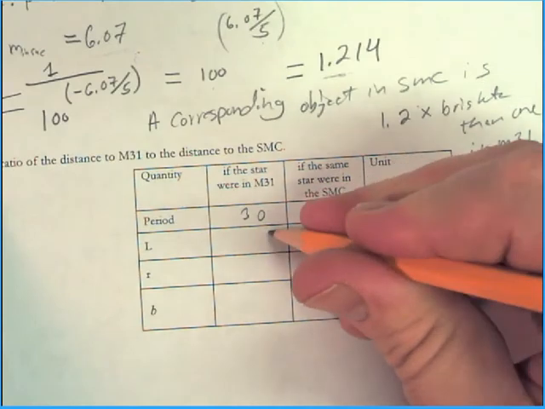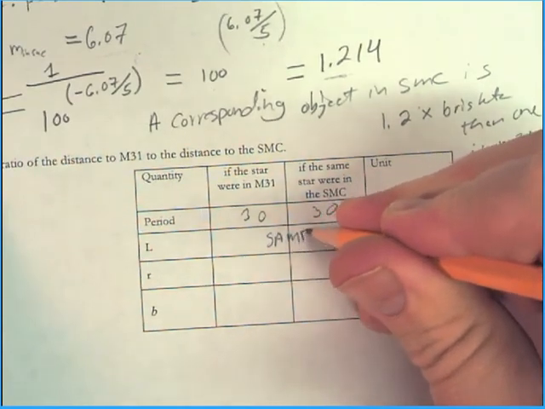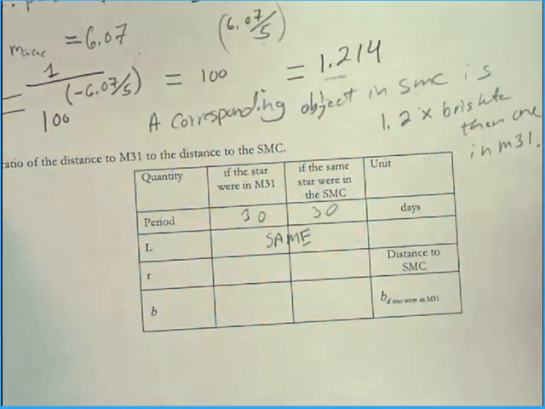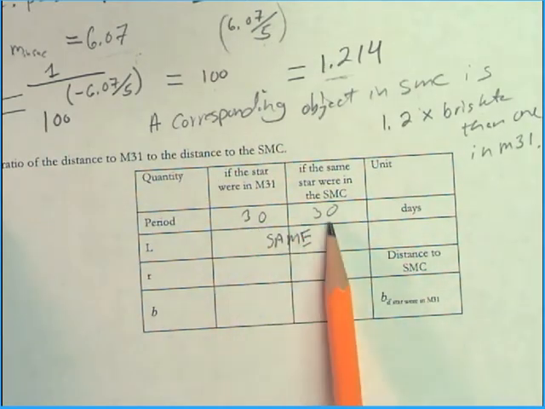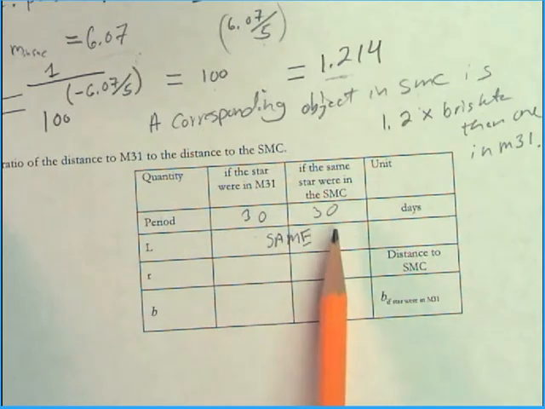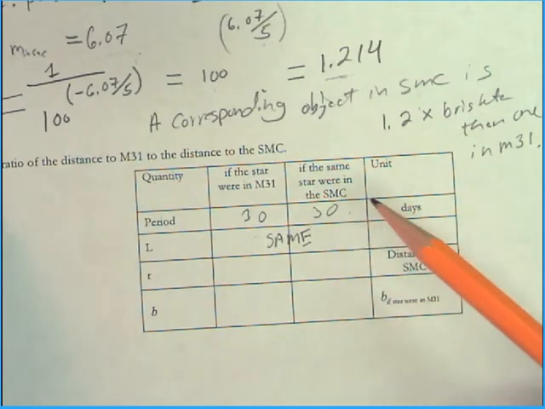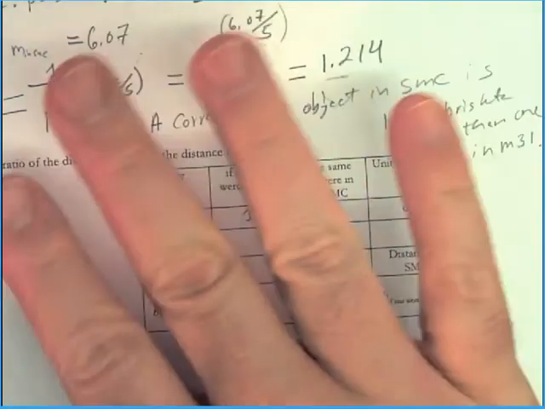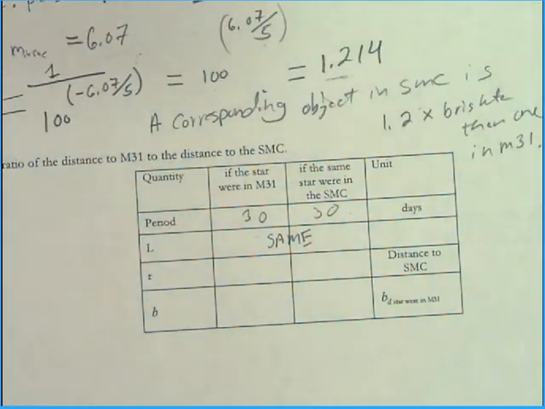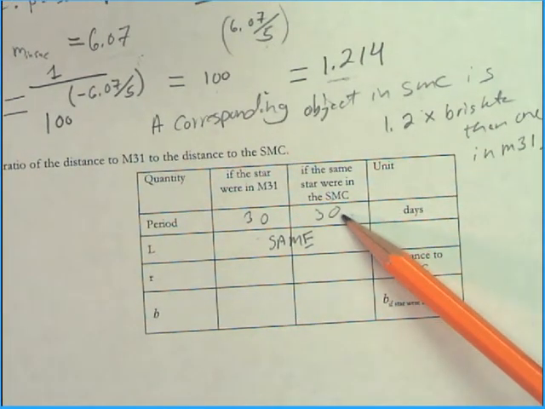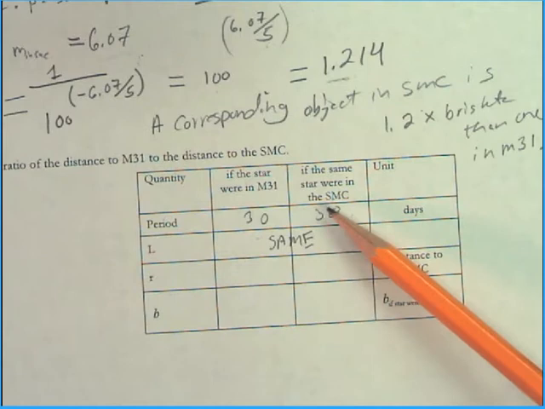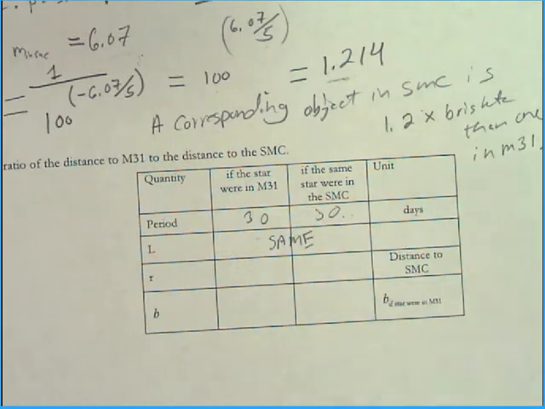We're making the assumption that the two objects have the same luminosity because they're hypothetically a 30-day period Cepheid variable, so therefore everything physically should be the same, because that's the premise.